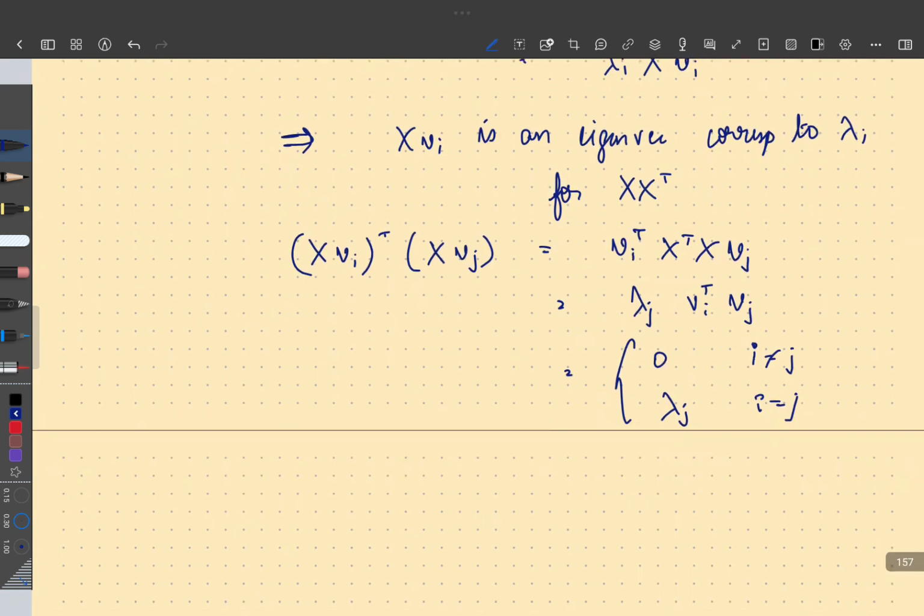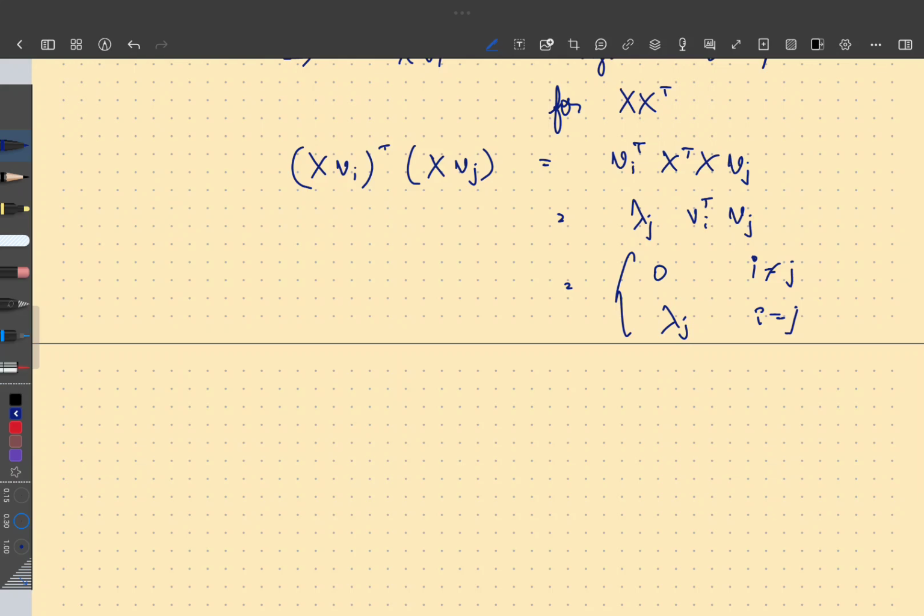And in that case, where i is equal to j, the left hand side is just the norm squared of X Vi. So norm X Vi squared is equal to lambda i. So the norm of X Vi is square root of lambda i.